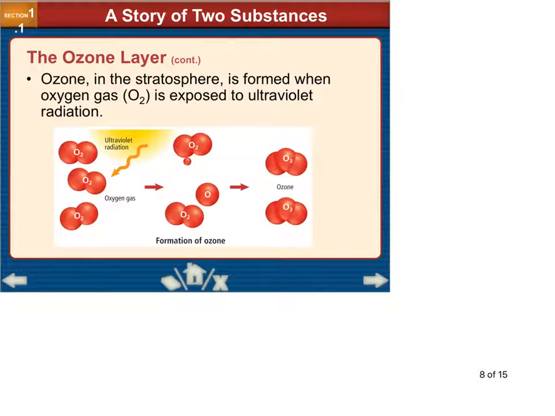Ozone in the stratosphere is formed when oxygen gas is exposed to ultraviolet radiation. So we have oxygen gas, which is O2.